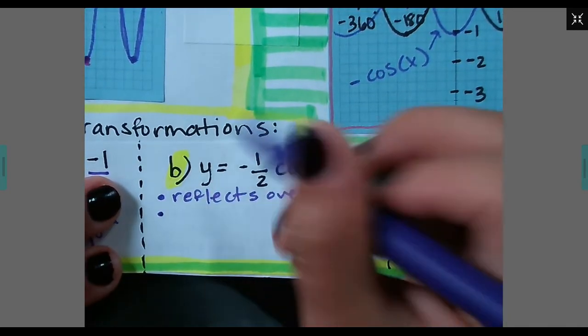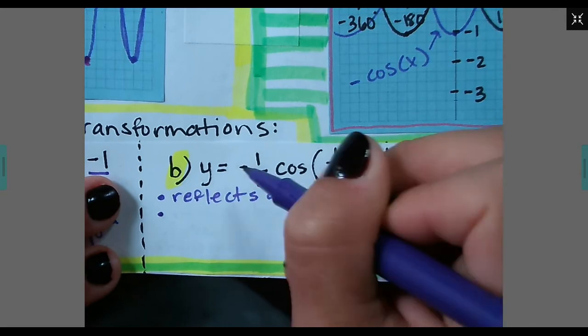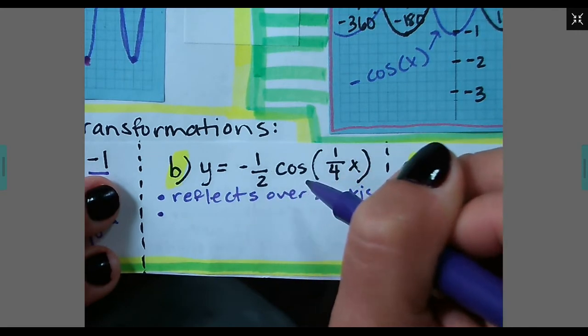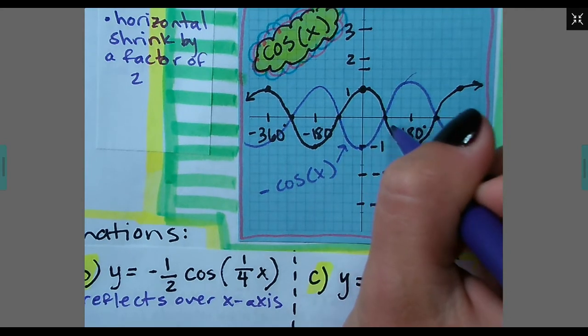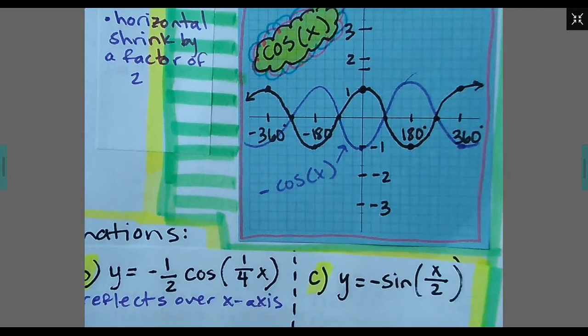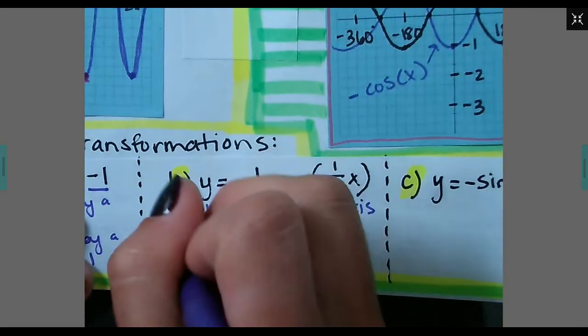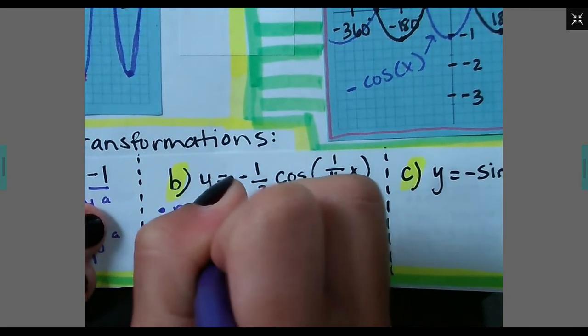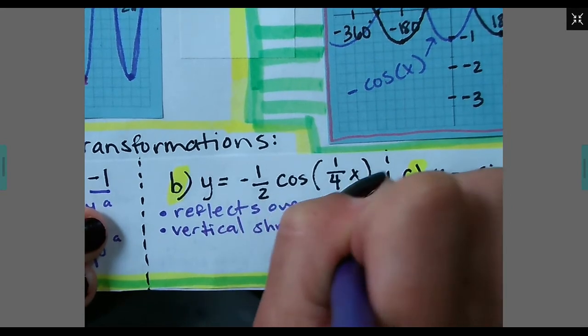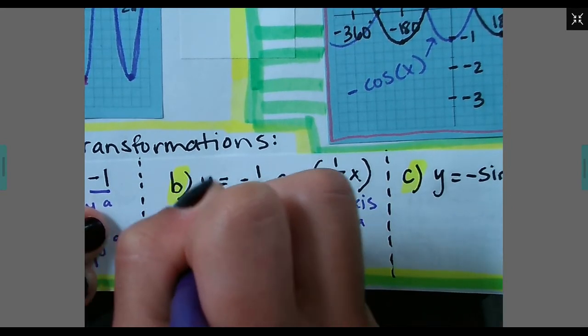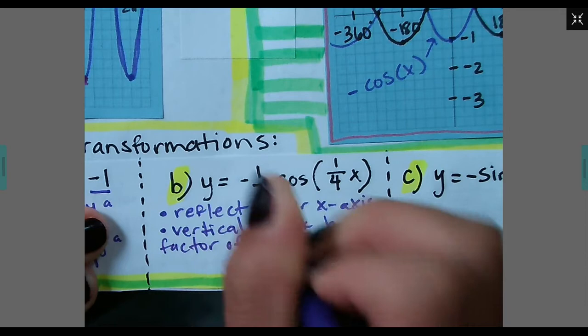Then this 1/2, instead of going up 1, down 1, it's now going to go up 1/2, down 1/2. So instead of going here, it's going to go here. So I'm actually shrinking it vertically. I'm making it shorter. So this is a vertical shrink by a factor of 1/2.